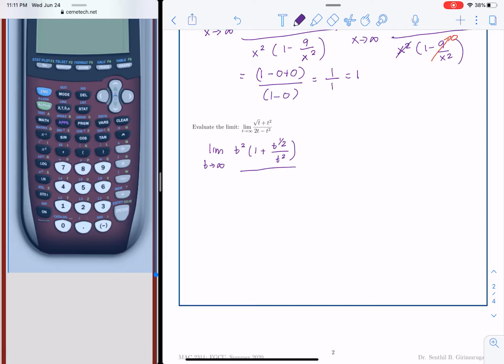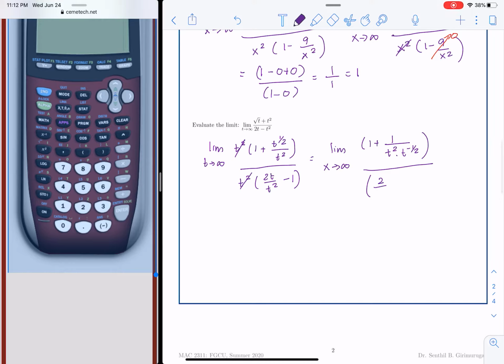Entire thing divided by t squared times 2t over t squared minus 1. t squared would go away. Limit as t approaches infinity, 1 plus t raised 1 over 2. If you bring it to the denominator, you will have t squared times t raised -1 over 2.